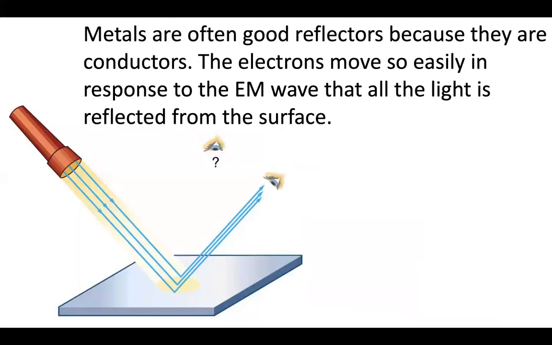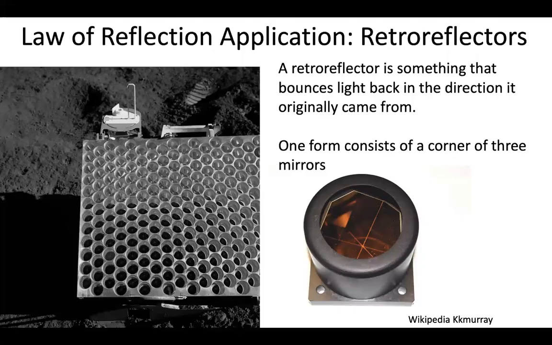Okay, so that's the kind of concept stuff I want to talk about for today. For the next video, what I'm going to do is go through in a bit more detail how you approach problems where we have to deal with the law of reflection. How do we actually use it? And the specific case I want us to consider are things called retroreflectors.